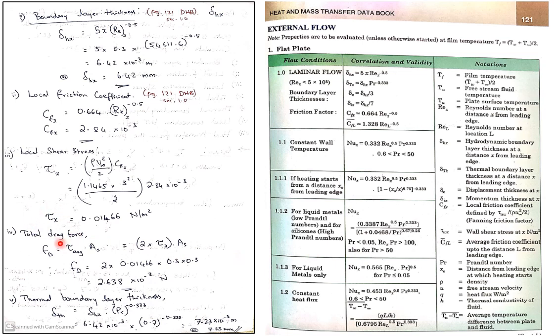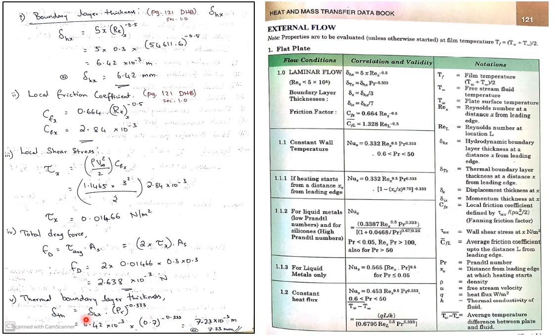Now next, total drag force. Drag force is average shear stress into surface area. Here tau average is nothing but 2 times tau x, since we have taken Cfx, the local value. Average is equal to 2 times the local. This is very important, you have to remember this: 2 into tau x.